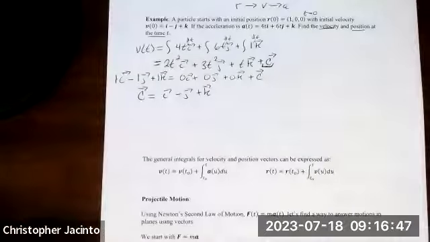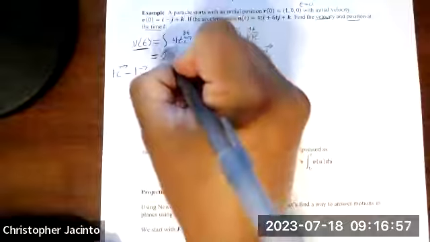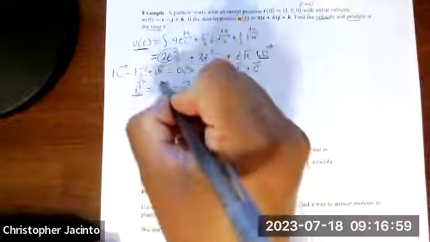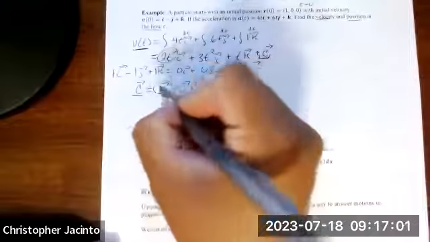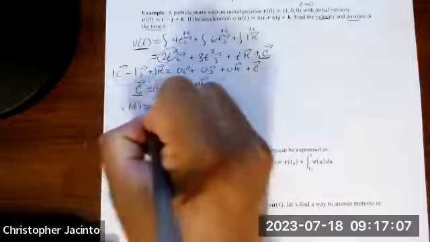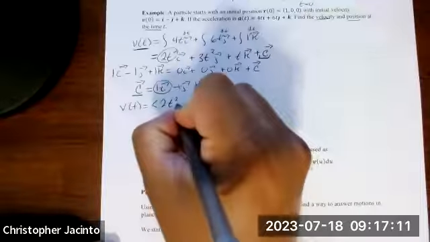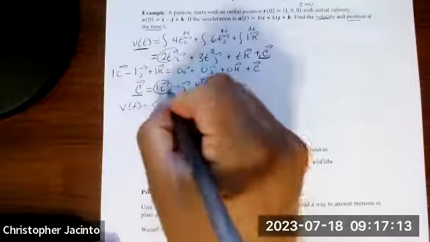Now, how do we put this together? How do we put our velocity vector and our constant vector together? Okay, so all we're going to do is add up each component together. So we're going to add this and this together. Well, technically there's an imaginary 1 there, right? So I'll just put 1s here so you can see. So my actual velocity vector is going to be 2t squared plus 1, because that's the constant term in front of the i.